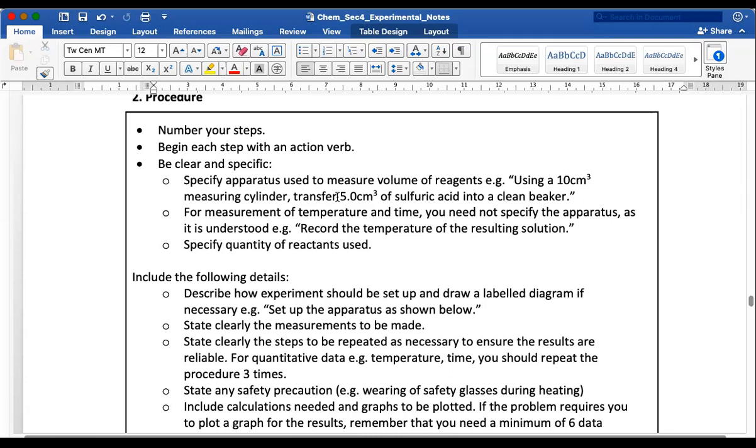So a shortcut is to just tell them, okay, if it's a catalyst, then you don't need such a big mass. Maybe 0.1 gram will do. If it's a reactant, then 1.0 gram maybe. If it's 1 decimal place, put about 1.0 gram, because the electronic balance can measure up to 2 decimal places. If they want a specific mass, then have to say 1.00 gram, take out the word about.